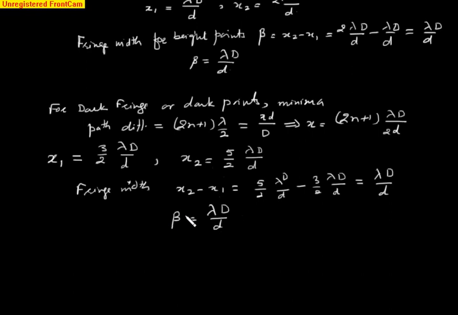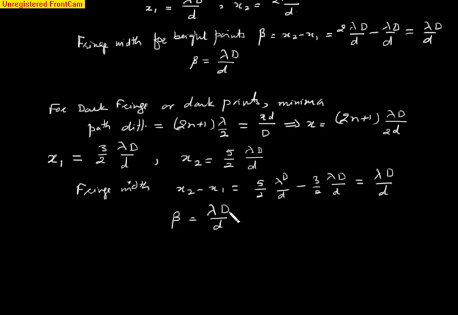And it shows that this fringe width, that means the distance between two bright points and the distance between two dark points, has the same dependence, and this depends upon the wavelength. The higher the wavelength, the larger the distance, so the separate fringes can be observed.